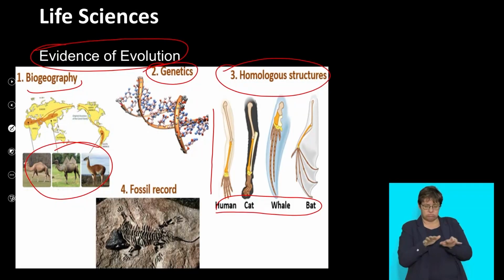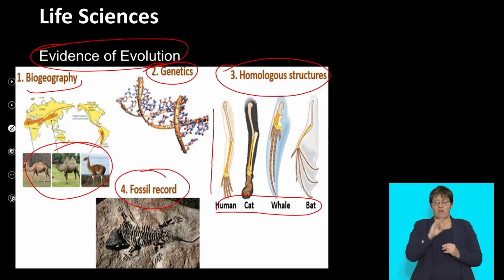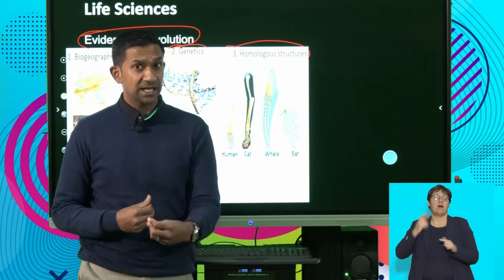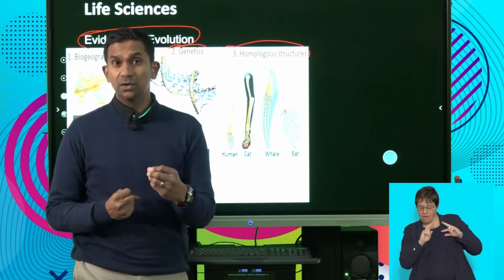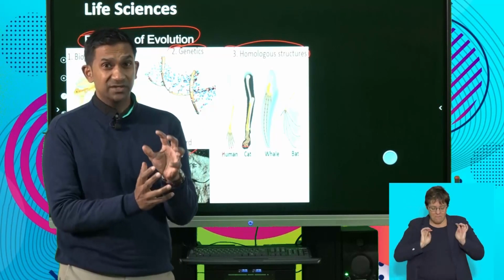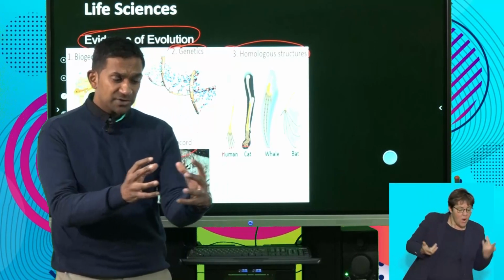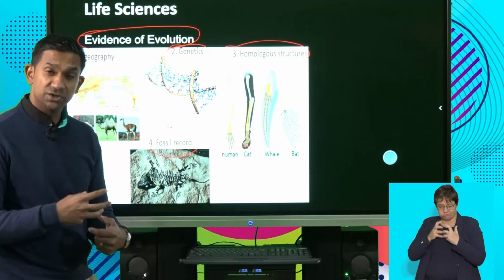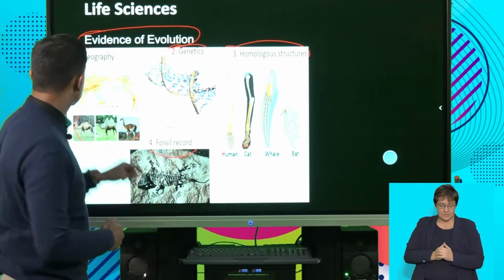Finally, we have fossil records. Again, fossil records point to the existence of past life forms, and by studying them, we can understand how organisms existed in the past and progressively how they have changed and become better suited to different environments.